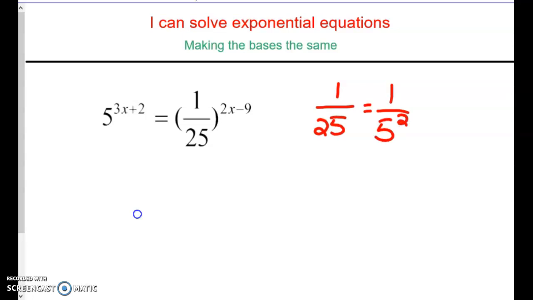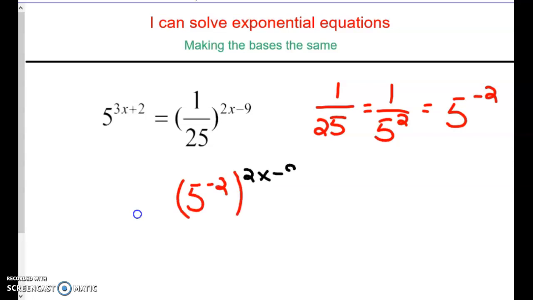And 5 to the second in the denominator is the same as 5 to the negative 2 in the numerator. So that's what I'm going to replace my 1 over 25 with. This just stays 5. We didn't have to change anything there.